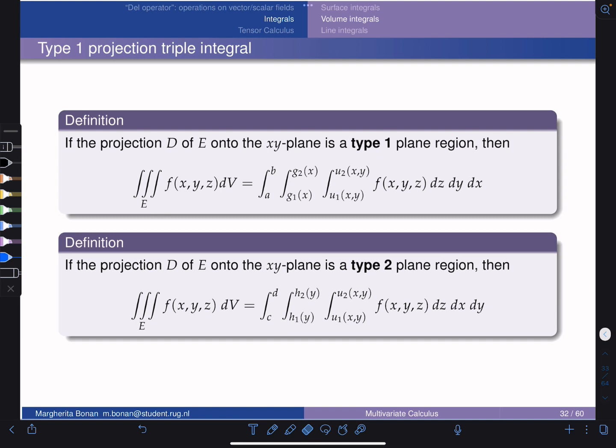Here we see that the difference is that, of course, the functions are different. Here they depend on y and there on x.